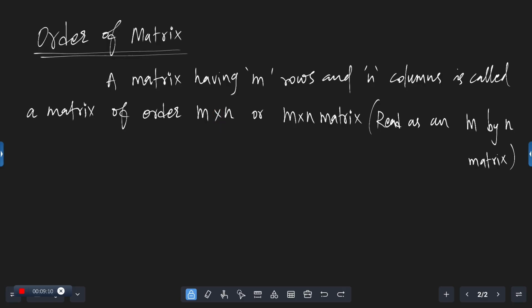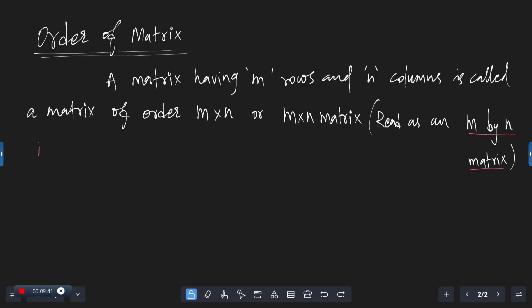This is the way to read: m by n matrix. So while you read, you should use "by".